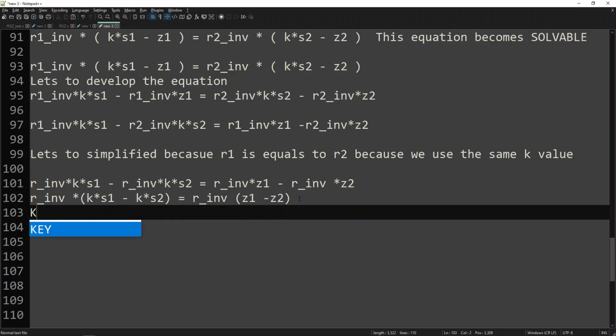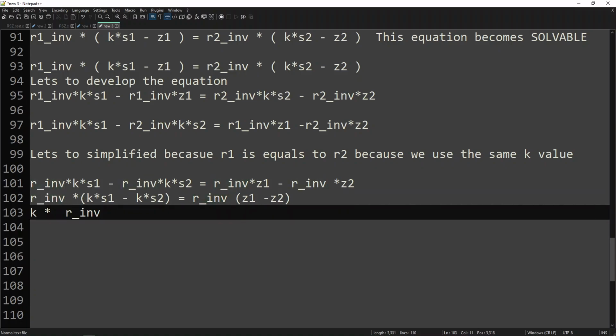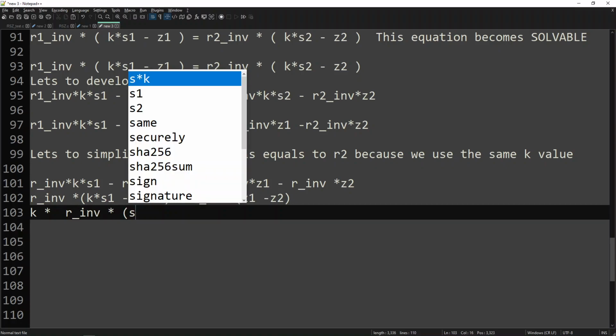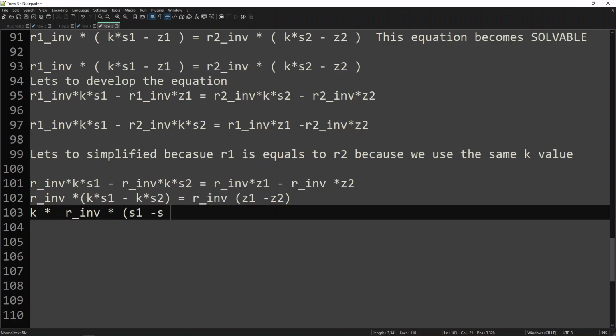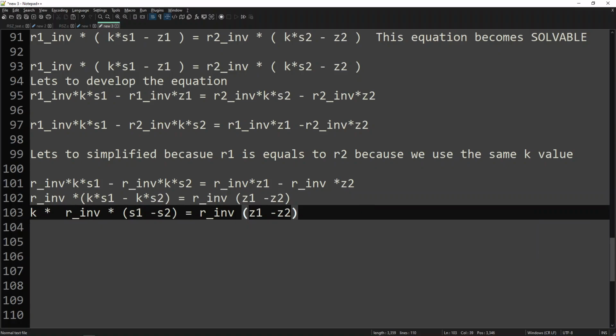Okay. Also in this we have the key value repeated, so we can also move it outside this subtraction. So k multiplied by R inverse, that also multiplies S1 minus S2, is equal to this. So what happened? We can move this, which is being multiplied.